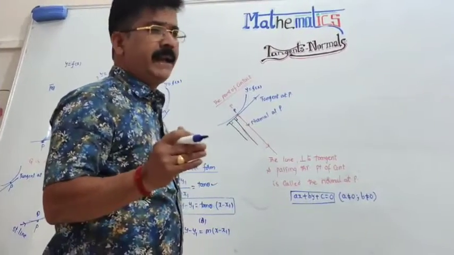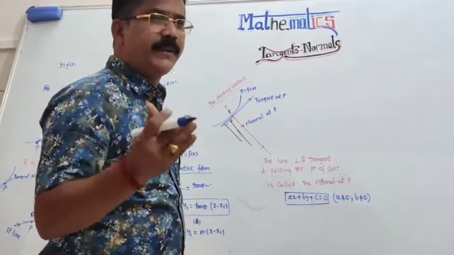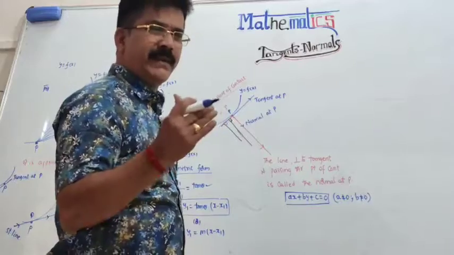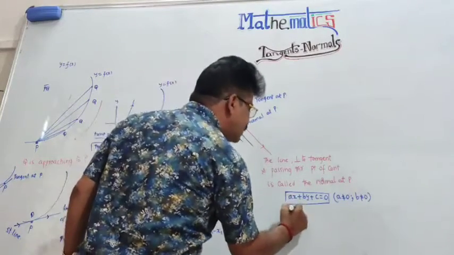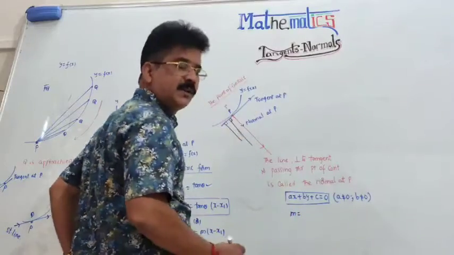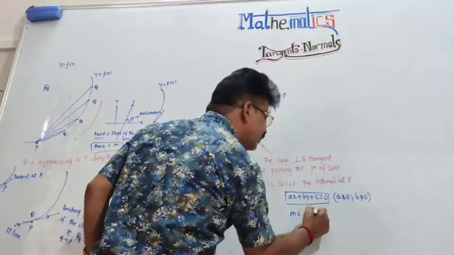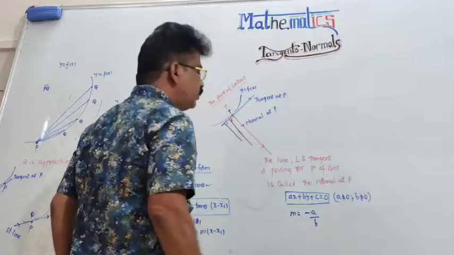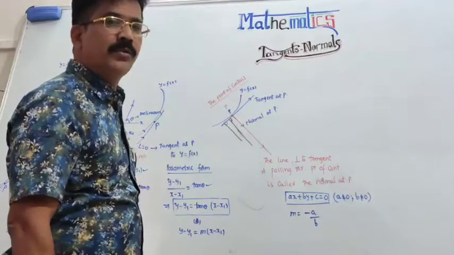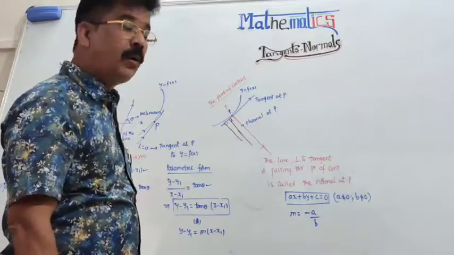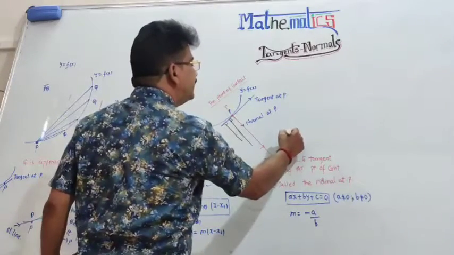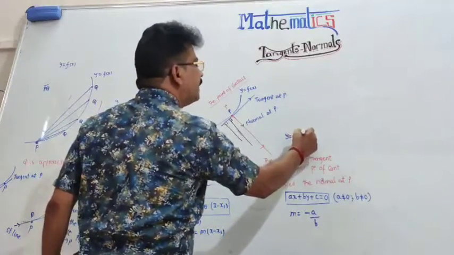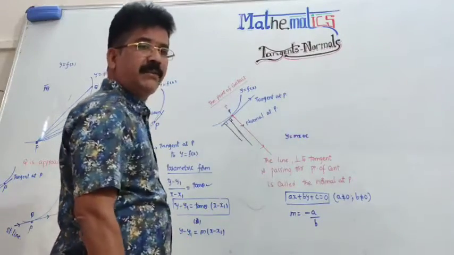Okay, already we know the differentiation of y with respect to x. According to geometry, its slope is equal to minus x coefficient by y coefficient. How? We have to reduce this equation to the form y is equal to mx plus c. Shall I explain that one?